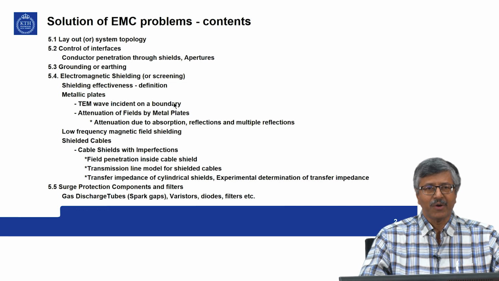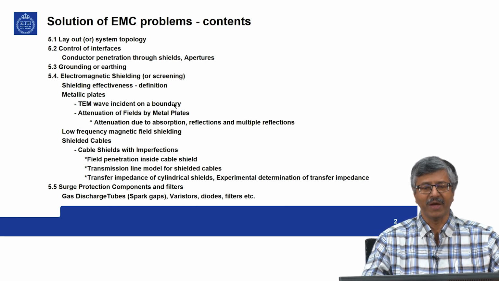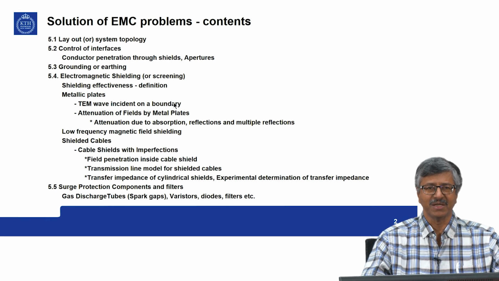We will be concentrating on metallic plates, especially assuming a transverse electromagnetic wave incident on a boundary, and this assumption is usually okay. And we will consider also when the shields are in the near field.